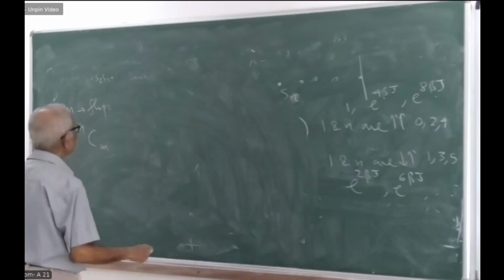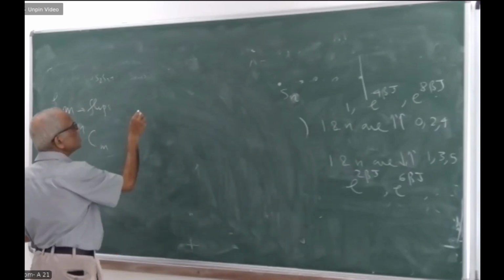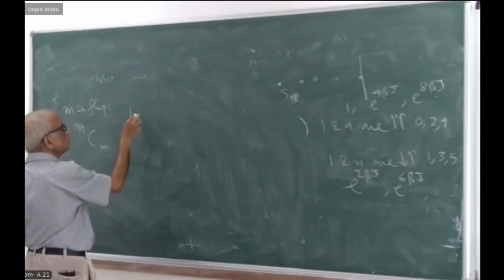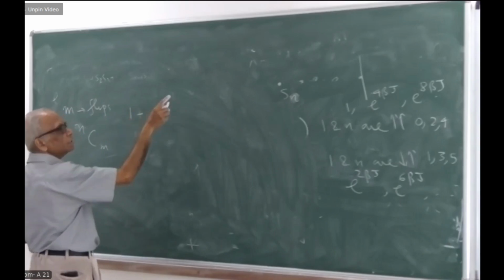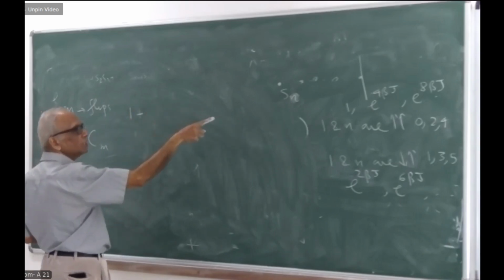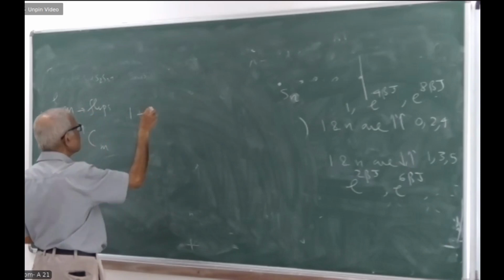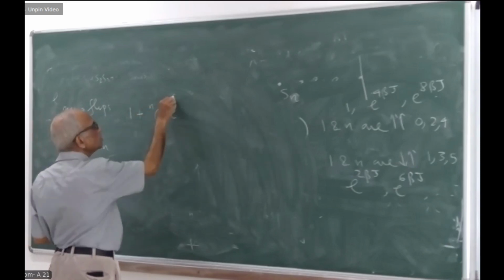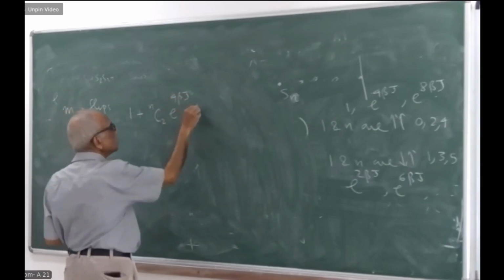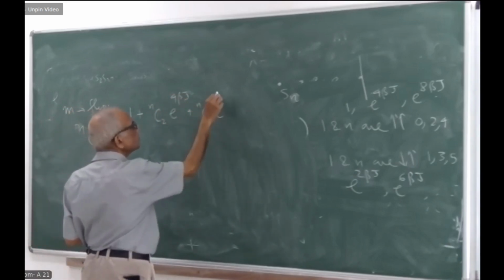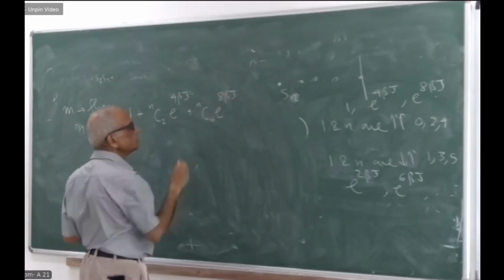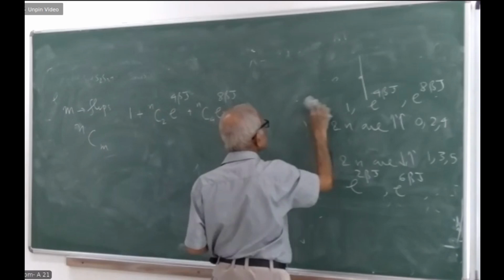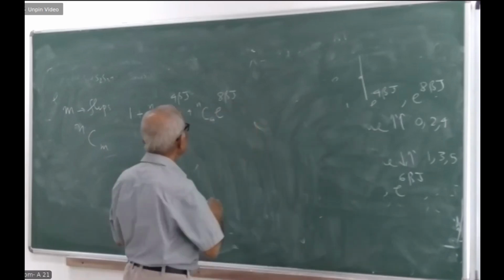And therefore, on top, it is 1 plus NC2 e to the power 4 beta J plus NC4 e to the power 8 beta J, and so on.